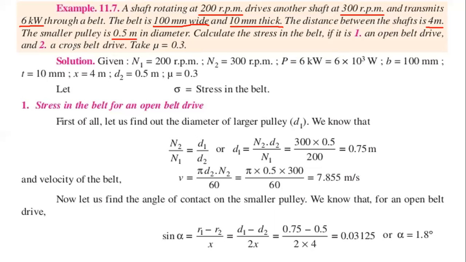So we have to take it for the two cases, that is, the open belt drive and the closed belt drive, and take mu is equal to 0.3. So we have to find the stress for both the belts, the open belt drive and the closed belt drive. First of all, note the given data.